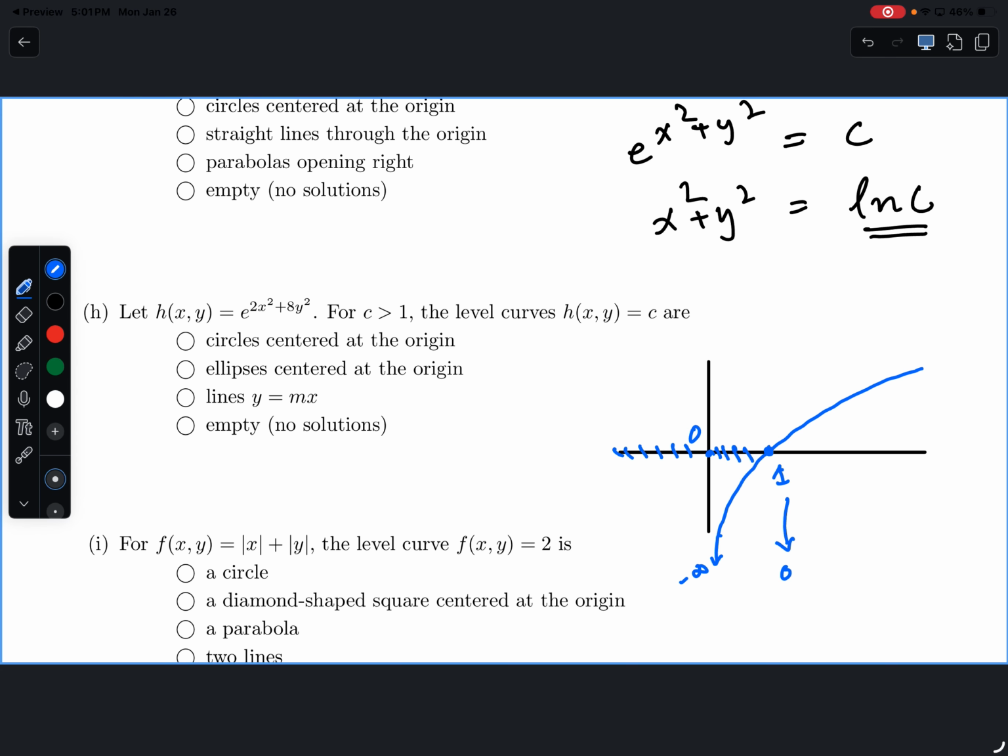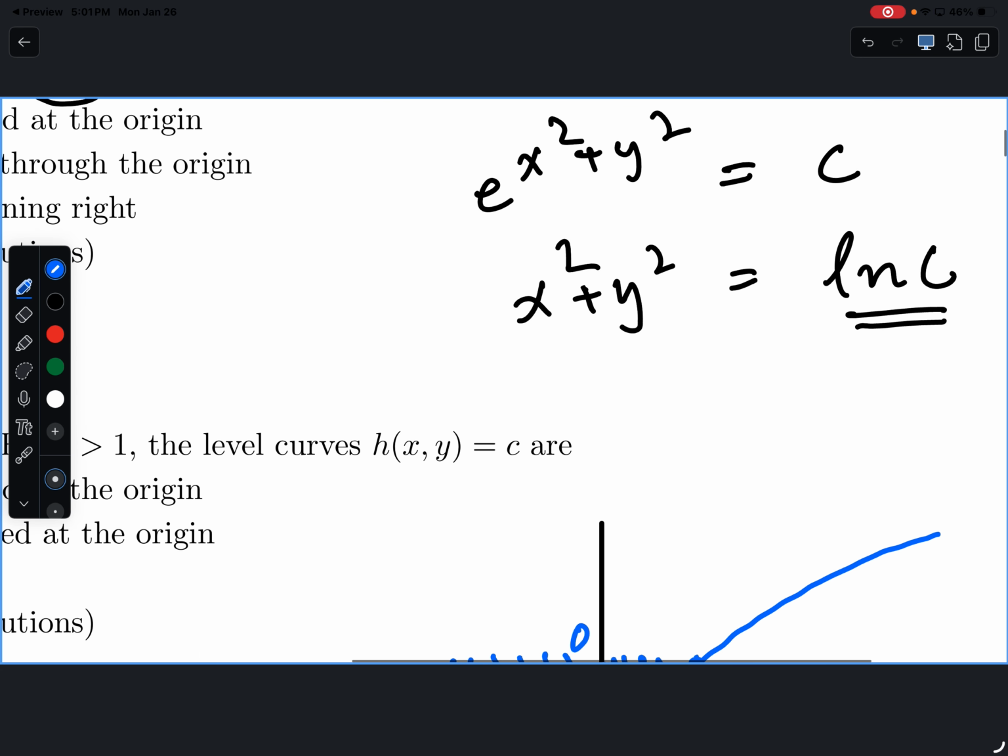Now what happens if x square plus y square is equal to a negative number? I think we discussed this thing maybe for a couple of minutes. It's nothing.